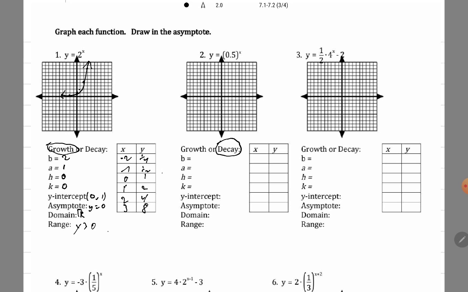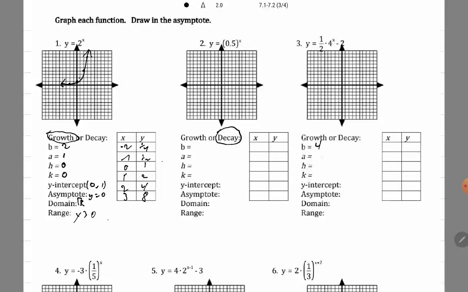Okay, 3. So b is 4, a is 1/2, h is 0 and k is -2. I'm just going to do this again: -2, -1, 0, 1, 2.